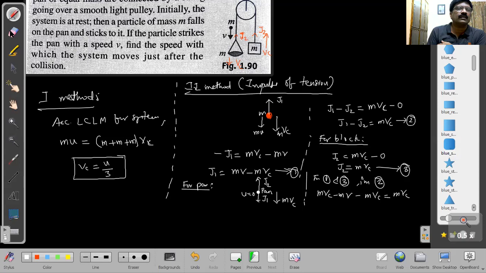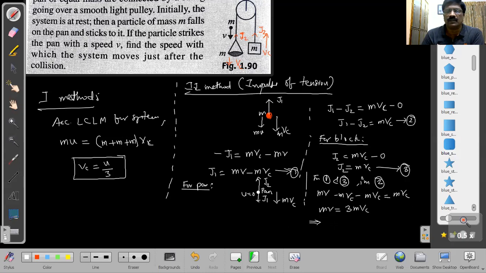Here this was not correct, so we have to write it like this: m v minus m Vc. Okay, therefore m v is equal to 3 m into Vc.